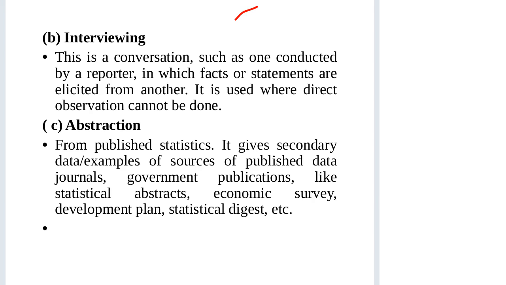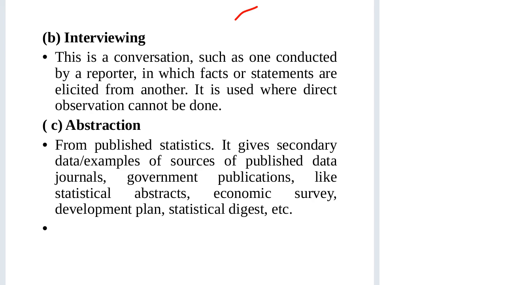Now, the third method that you can use for data collection is abstraction. Abstraction is normally used in case of secondary data. From published statistics, we can use abstraction to get the information that we need. You simply get the source of the data that you need and abstract. You simply pick the information that you need from the documents that you have.